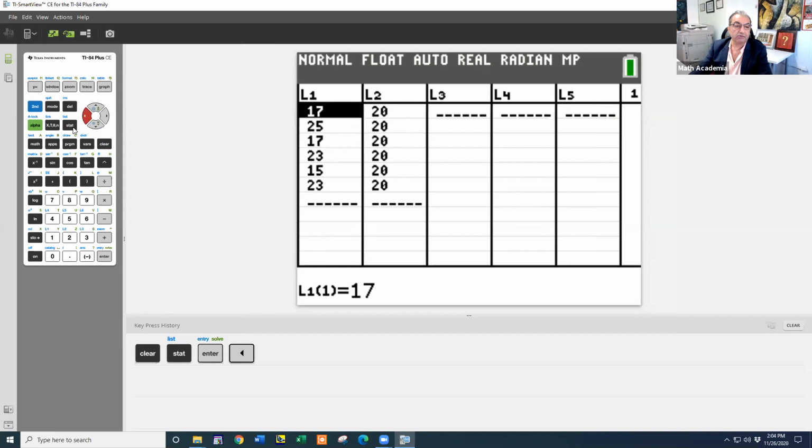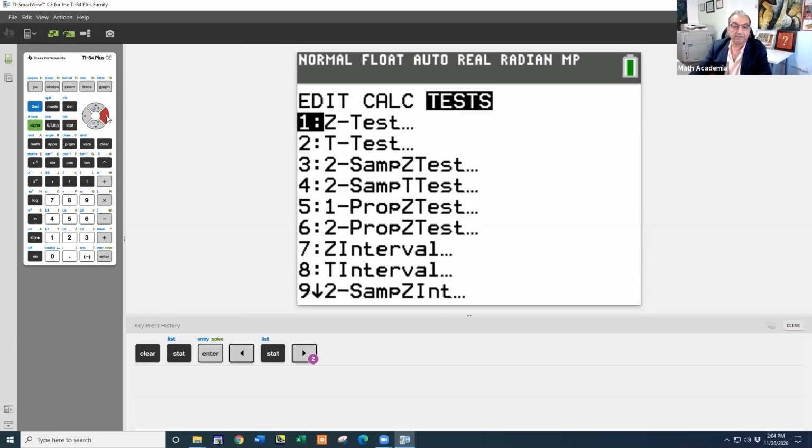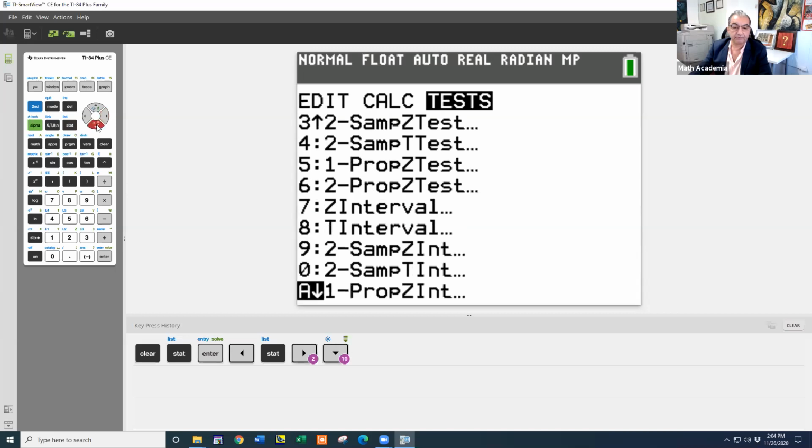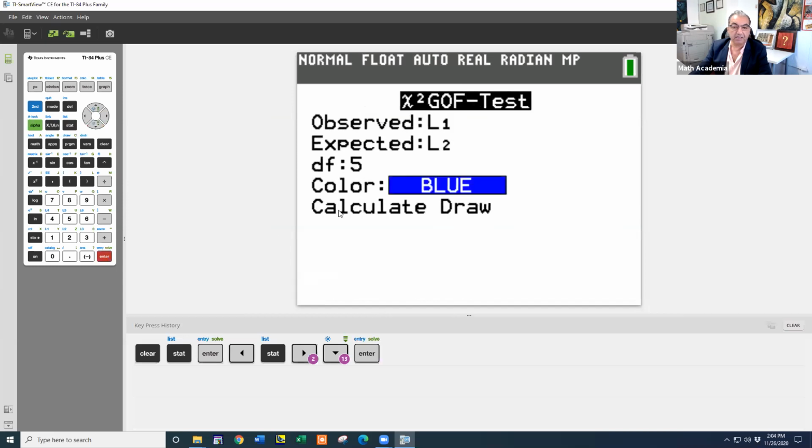Once you enter all those, you go to stat again, then you go to test, then you scroll down to D, the chi-square GOF test, goodness of fit test. Enter that. It's all done already since you entered the observed values in L1 and expected in L2.